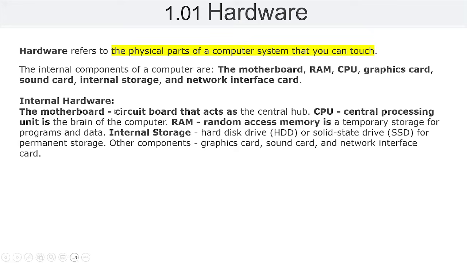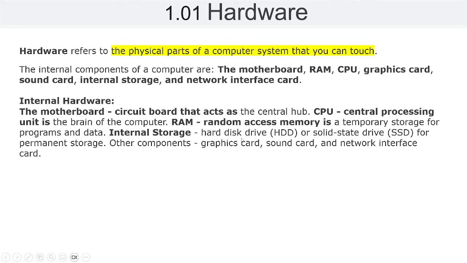As you're working on a computer, the RAM is responsible for temporarily storing the information or the data that you are working on until you finally decide to save it onto the internal hard drive.